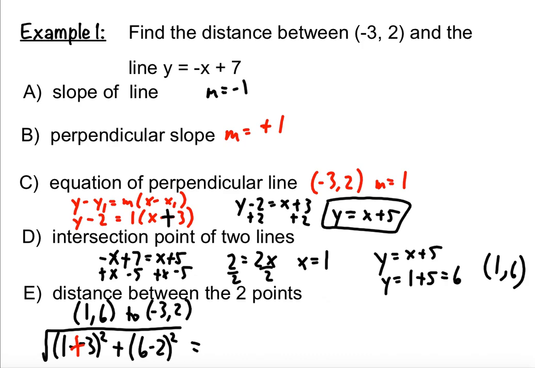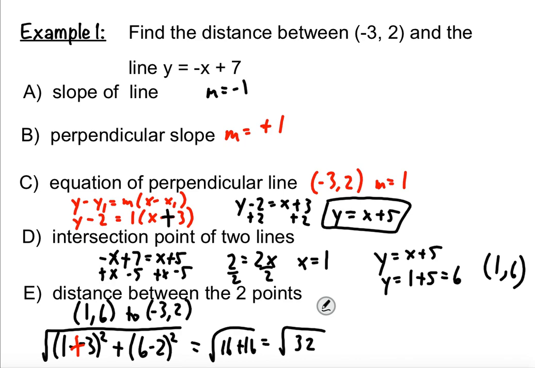So that minus and minus becomes a plus, and we end up with 4 squared, which is 16, and then 6 minus 2 is 4, and we get 4 squared, which is another 16. So we get the square root of 16 plus 16, and when we add those together we get 32.